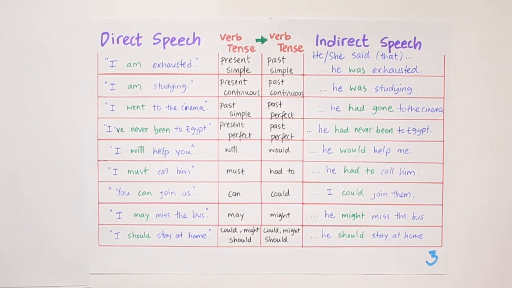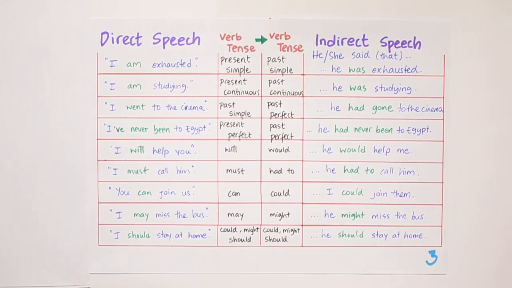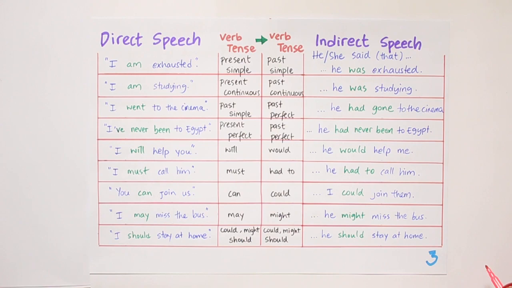Let's remember this chart. It is also important while we're reporting questions. I'm not going to repeat the whole table one more time. You might remember it, but we talked about backshift, right? And when we say "I am exhausted," how do we report it? We say "he was exhausted." So we go 1 tense back in time. All right?